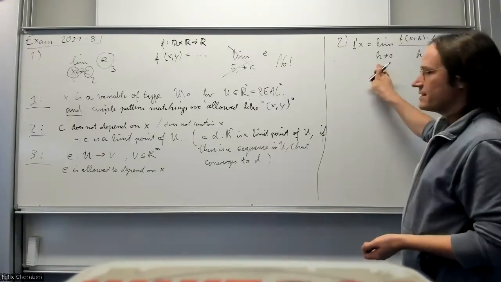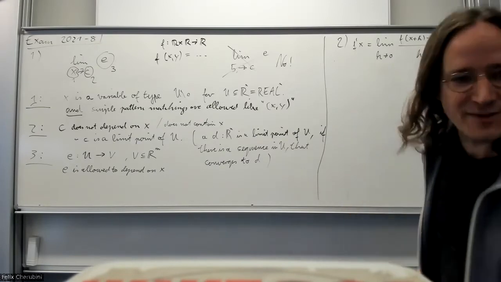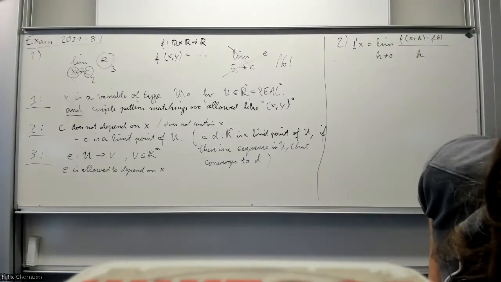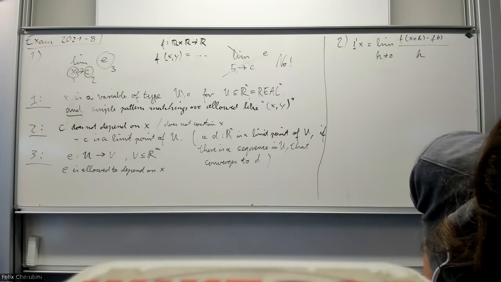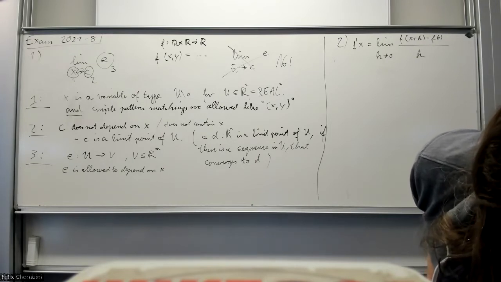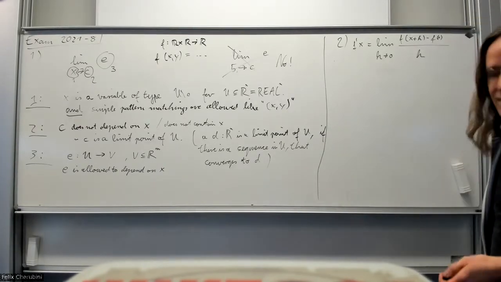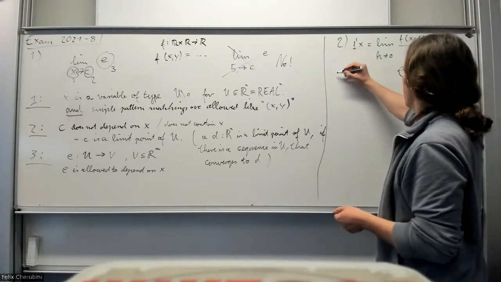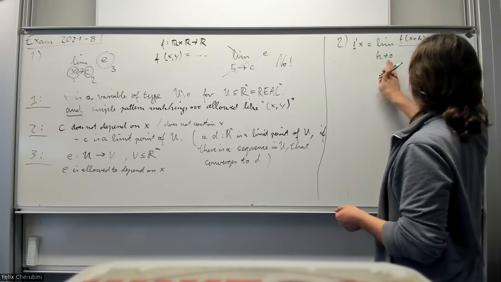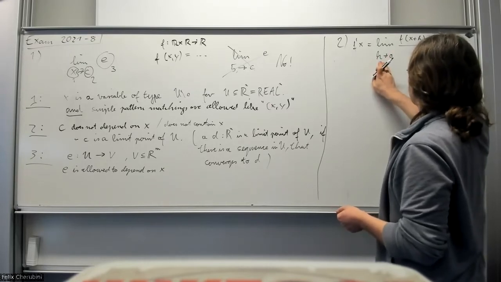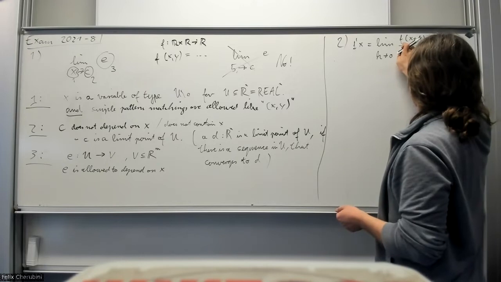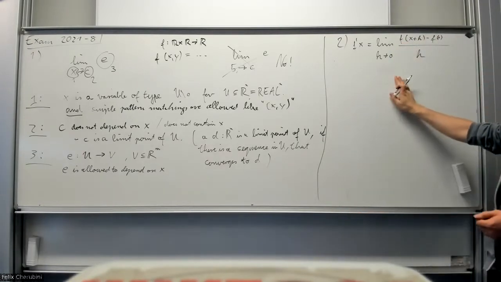So h is from the domain of f. I think the f is a bit restricted here. Ah, no, it doesn't say so. So, okay. Good. So let's, yeah, what's the best point to start with?